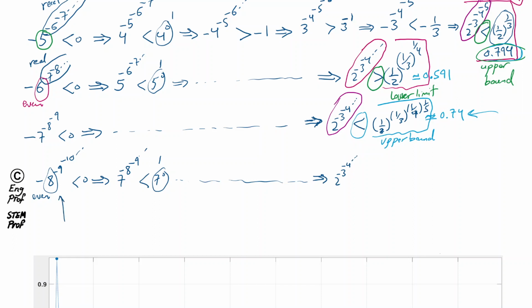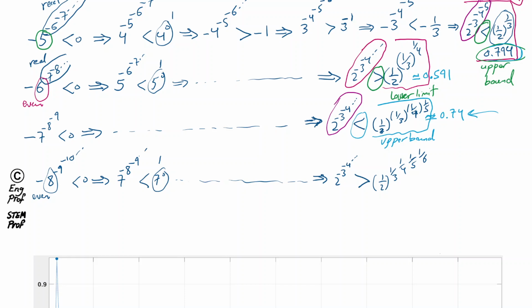And it's an even number. It would give us another, more tighter lower bound, which will end up to be, again, 1 over 2, 1 over 3, 1 over 4, 1 over 5, up to n to the power 1 over 6.